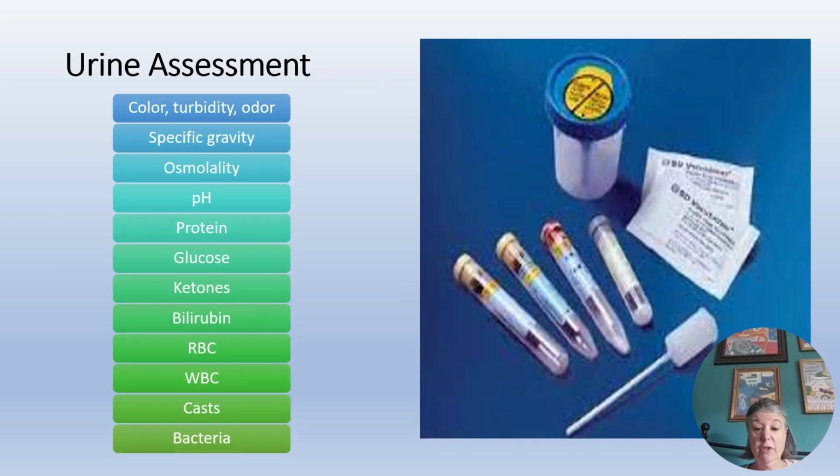We start with our urine assessment. Don't forget that, on top of color, odor, all of that lovely stuff, we're looking at pH, protein, glucose, ketones, even bilirubin. And then, do we have blood in there? Do we have RBCs, WBCs, casts? Erythrocyte casts are just pieces of RBCs.